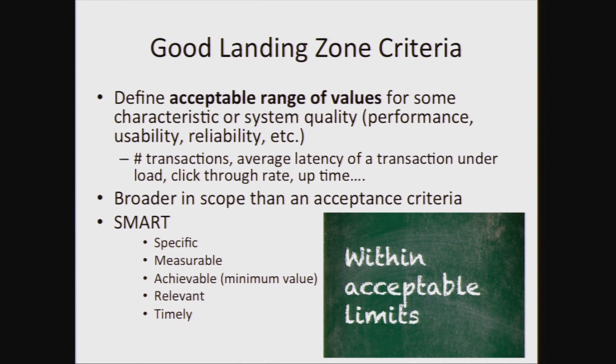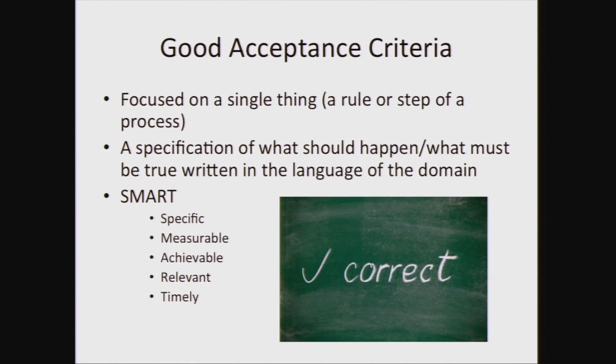And so you could do it for any sort of system quality, and I've used them on large projects where we have performance, usability, reliability, like number of transactions, certain kinds of workflows, latency, depending on the characteristics we're trying to capture. And they're broader in scope than a single acceptance criteria. It may be for order processing transactions or these certain kinds of workflows. But they should be measurable, achievable, and relevant, and we can measure them.